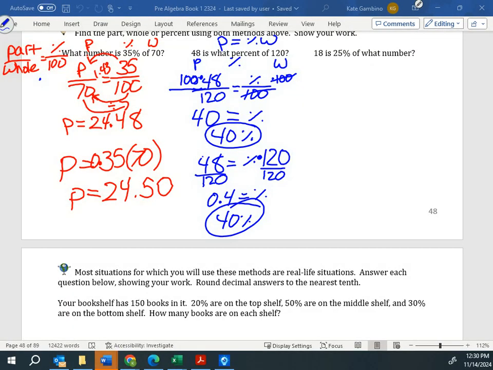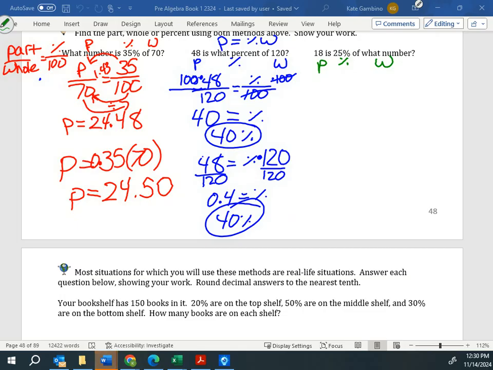Okay, let's do our next one. First let's label all the parts. 18 is 25% of what number? Amala, label them for me. 18 is the part, 25% is the percent, and of what number would be our whole.